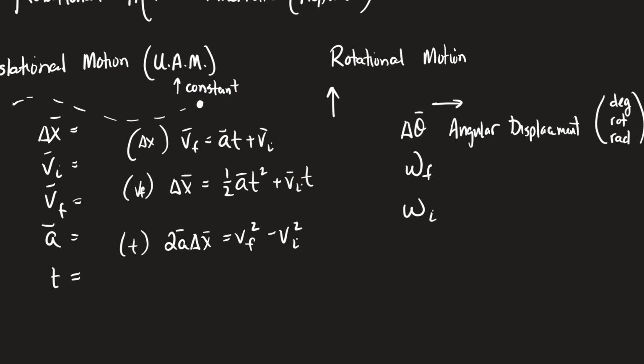Omega is just a w with a little bit of flair. We've talked about omega already. We talked about it a little bit when we talked about centripetal motion. This is going to be, I don't think this is a surprise, angular velocity.